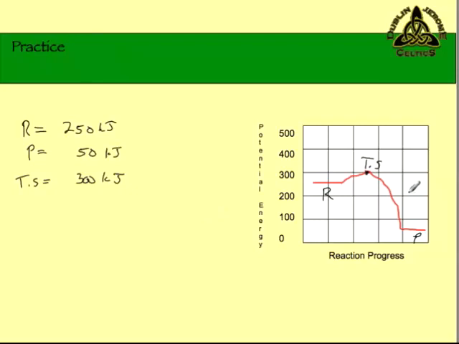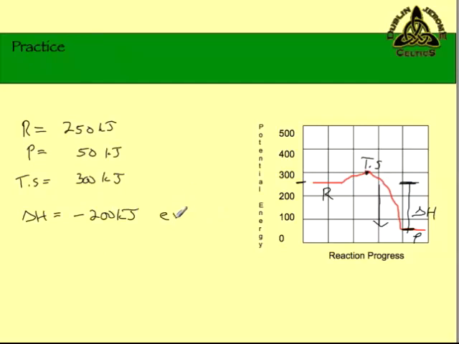And now I've got some other points here. The reactants are still at 250. This is at the same spot on the axis right here, 250. Going down to the products, that's my delta H value. So I'm going down 200 kilojoules, products to the reactants. Delta H is negative, going down 200 kilojoules.